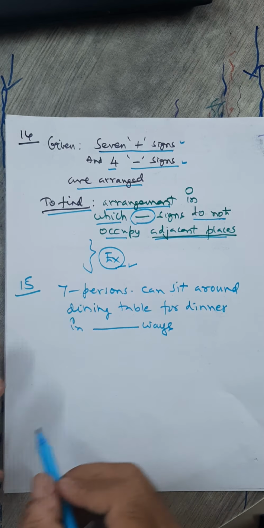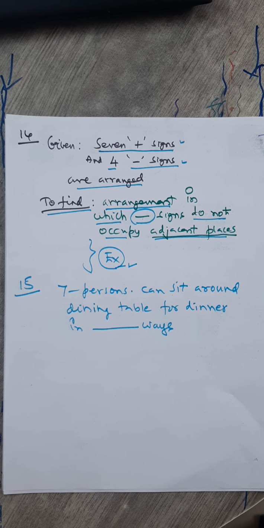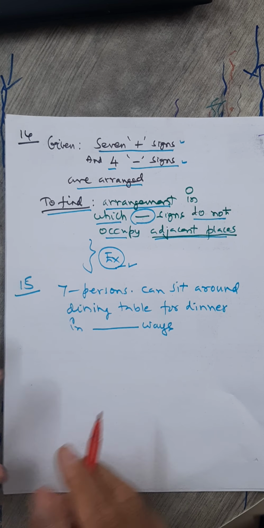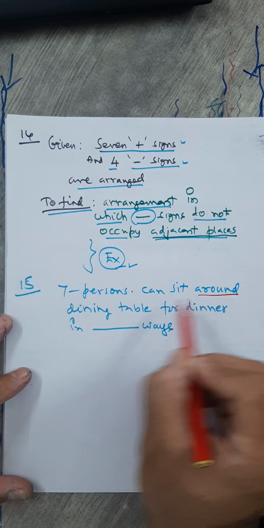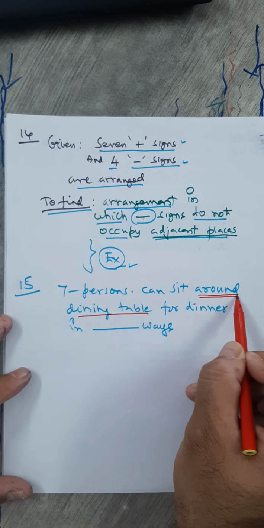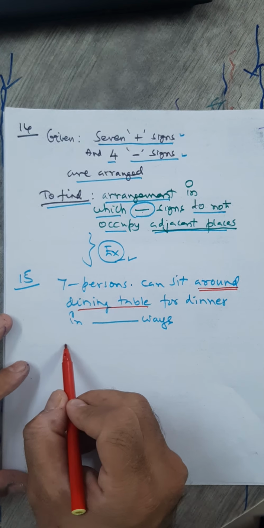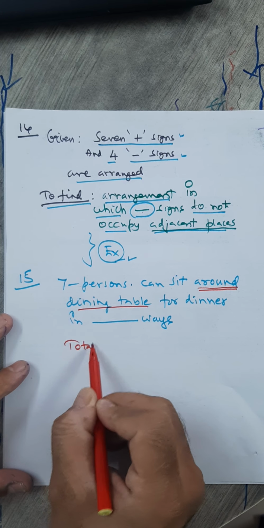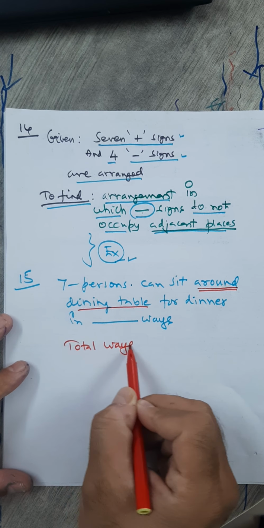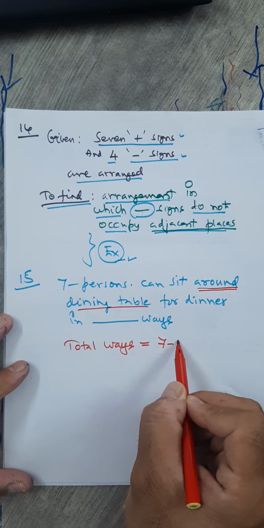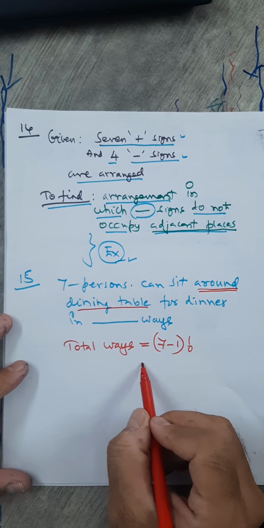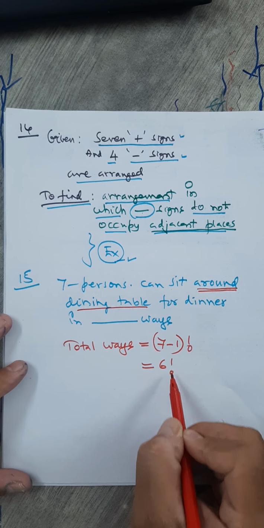Have you realized this is a question of what? This is a question of circular permutation around a dining table. So this is a round table, remember. So total ways equals, you recall the circular permutation, n minus 1 factorial. That's the formula. So this is 6 factorial.